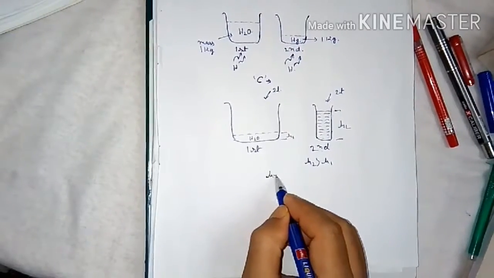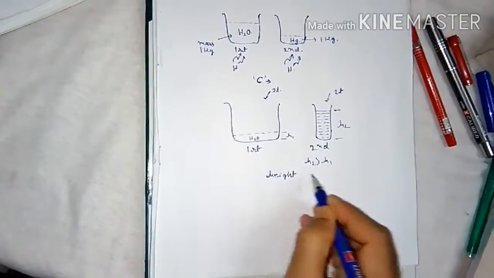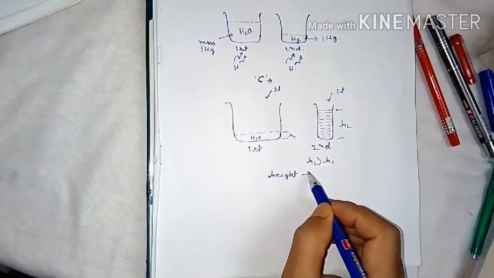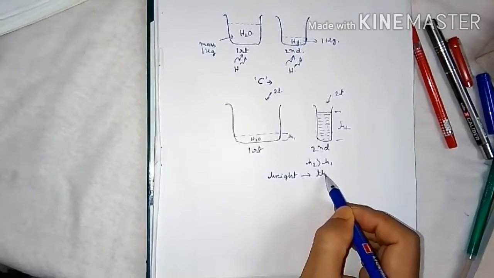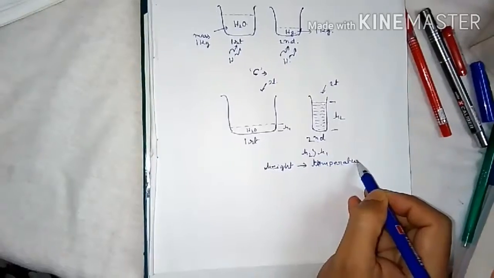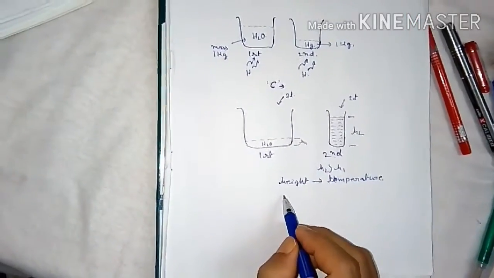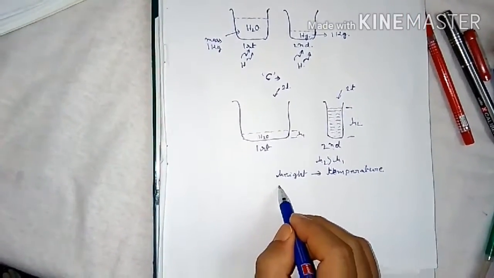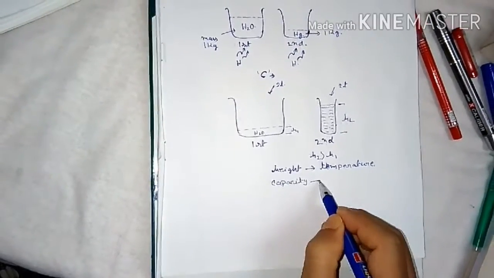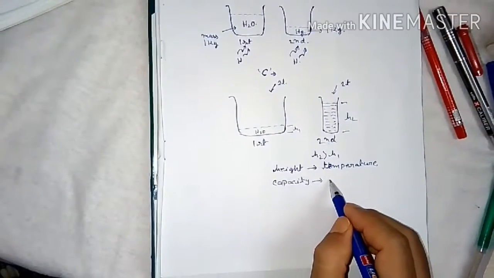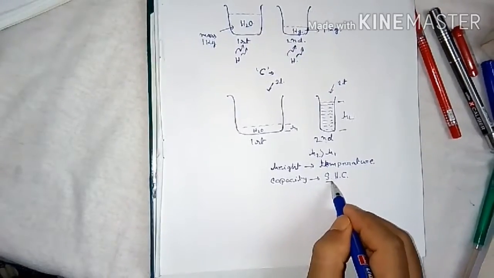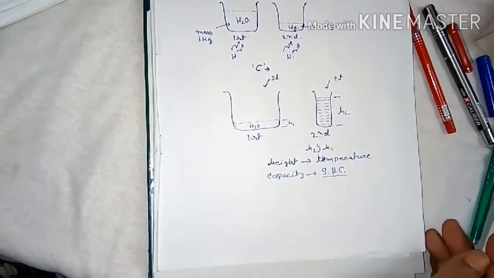Now the height of the water is equivalent to the temperature, and the capacity of the container is the specific heat capacity.